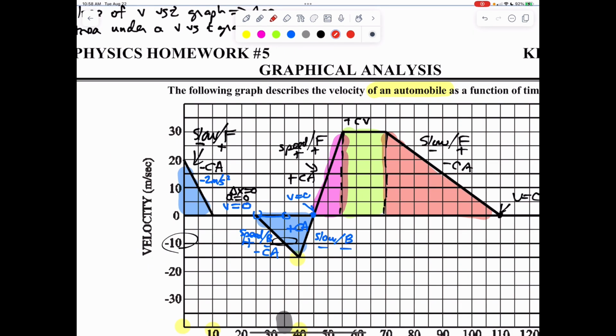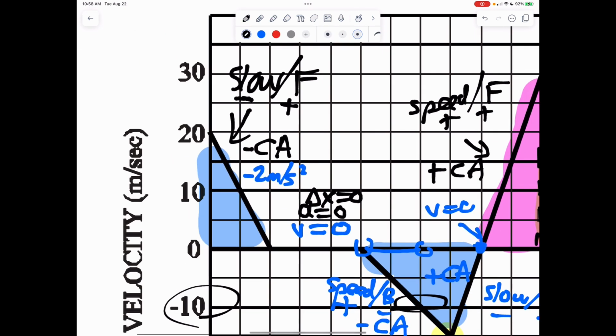So we're basically finding the area of 1, 2, 3, 4, 5 shaded regions. The total area is the total displacement. Okay, so let's do this. What is the area for this part here? We already did it. 10 times 20 is 200, take half, that would be 100 meters right here.